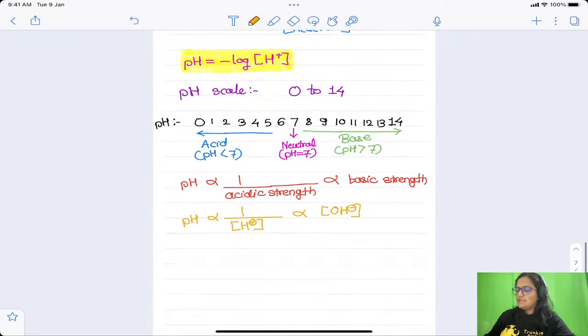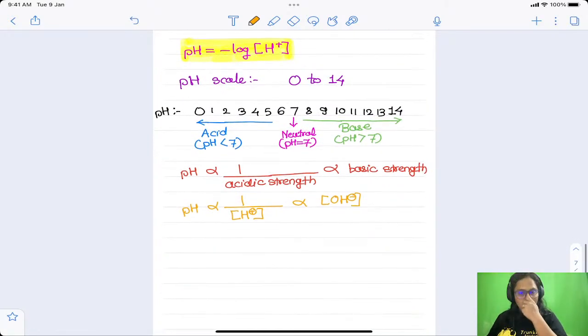So you can just take a screenshot of this page first of all, and then we will discuss some questions based on the pH. These formulas are very, very important.